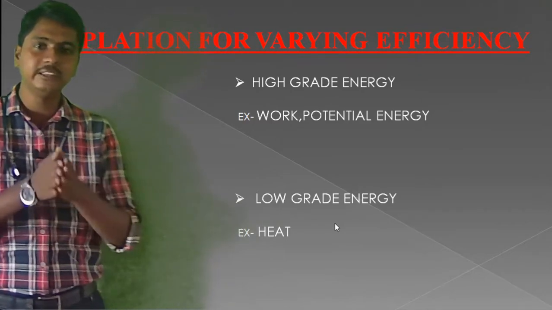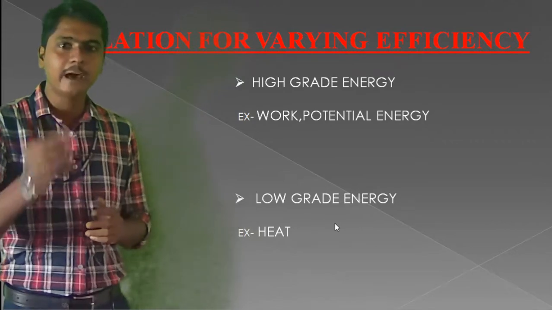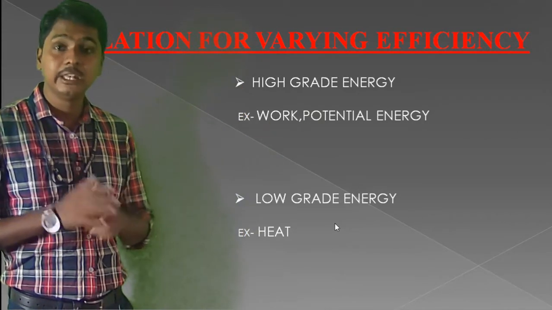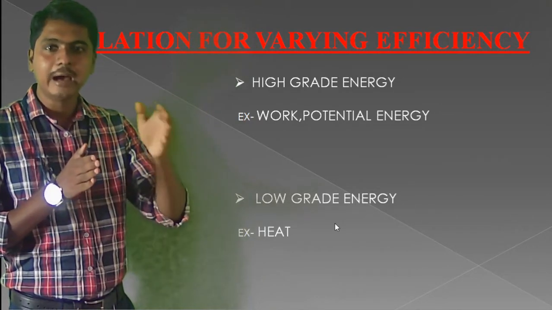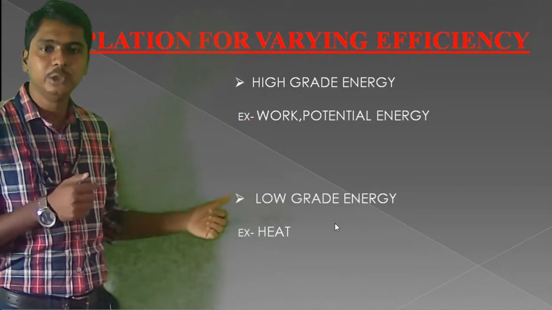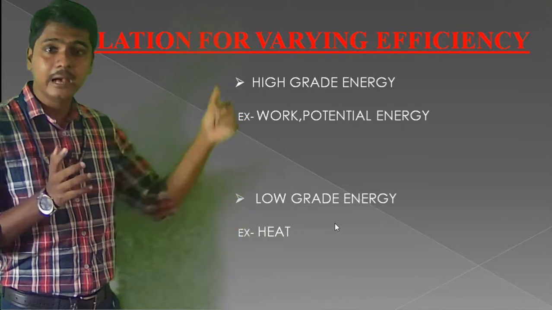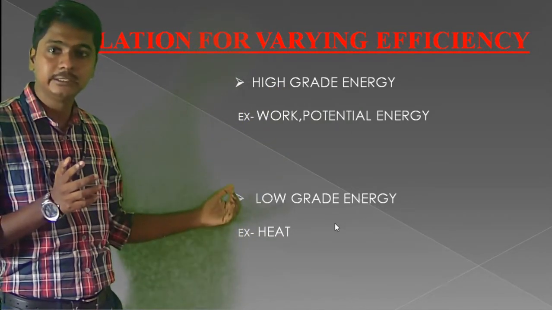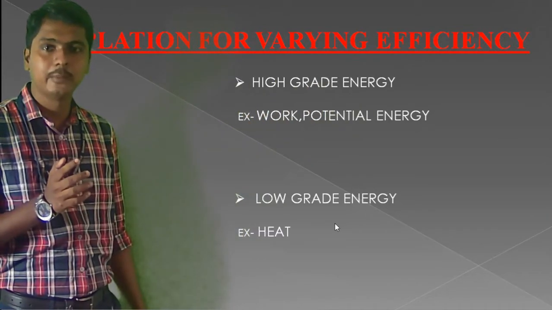Now why I am telling all these things: if a power plant works under high grade energy, then the efficiency of that power plant will be more as compared to one that works under low grade energy. Why so? Because high grade energy will be completely converted to low grade energy. One form of energy will be completely converted into another form of energy.